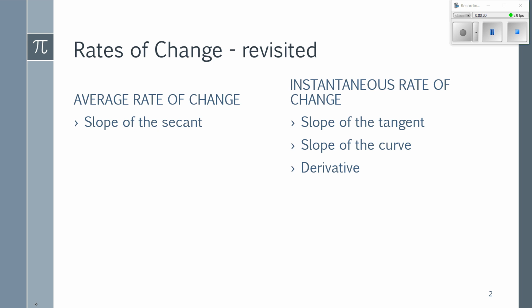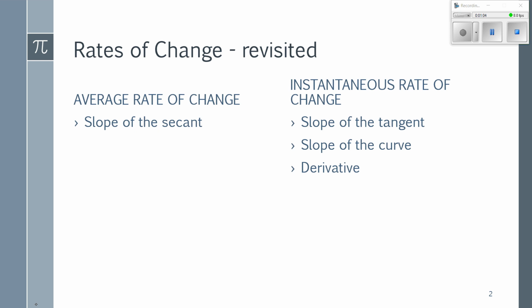And then we introduced the idea of how we can find instantaneous rate of change, which we said is the slope of the tangent, where we're using 1 point. However, the way we got around that is we said, well, we can't actually find the slope with only 1 point, so we're going to take that point and pick a second movable point close to it, and then move that second point until it's infinitely close to the point we care about, so that we can find the slope between our given point of tangency and the movable point.